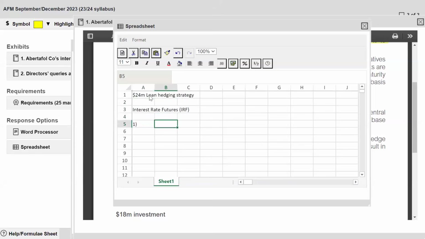The steps for the IRF hedge, the different steps for the interest rate futures hedge, are like this.